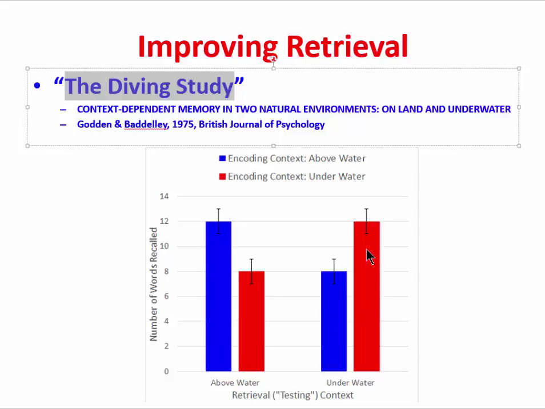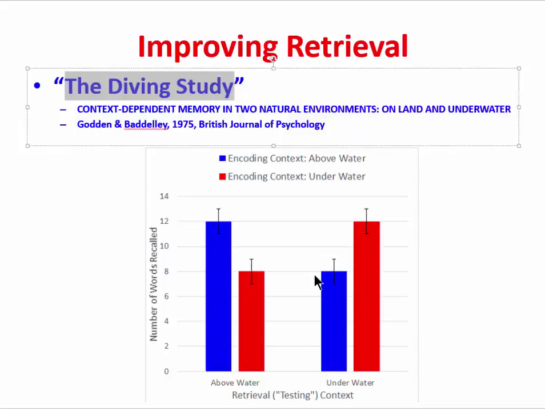One other point to notice is that we don't have any main effects for retrieval context. That is to say, the average retrieval for the above water condition is midway between these two values. It's probably about 10 words. Similarly, on this side, we have about a 10-word average. So on average, the above water and underwater retrieval contexts are generating about 10.